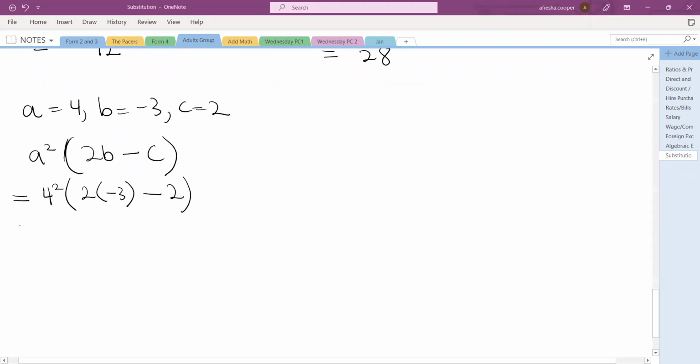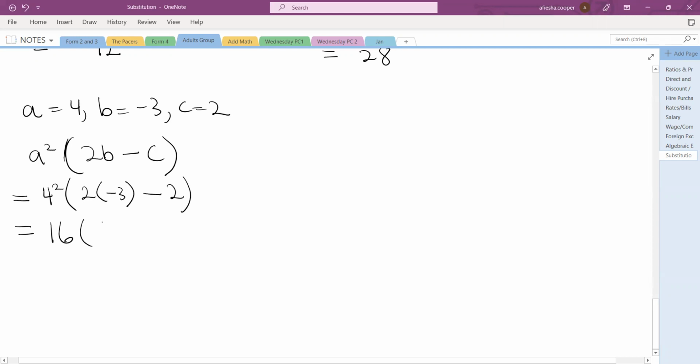All right, so we say 4 squared, which we could already say 16, open brackets. It's okay, we could work out the 16 because we're not doing anything else, right? When we work out the brackets, we still have to come and work out the 4 squared, right? So we could do them together.